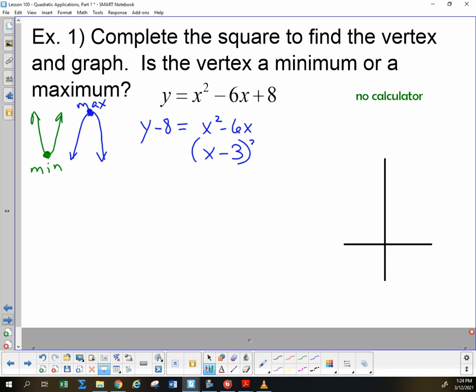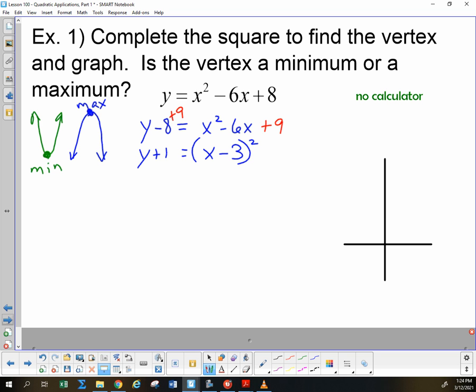We want to square that whole parentheses, so we FOIL it out. X minus 3 times x minus 3 gives us x squared minus 6x plus 9. If we add a plus 9 on the right, we have to also add a plus 9 on the left. So that gives us y plus 1 equals (x minus 3) squared.